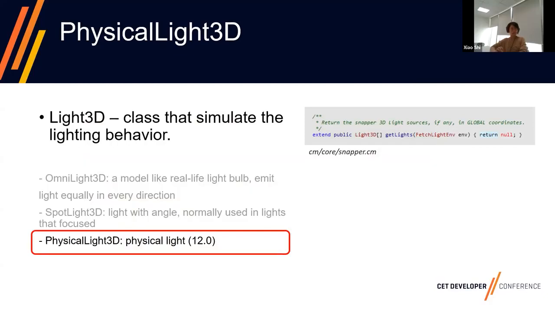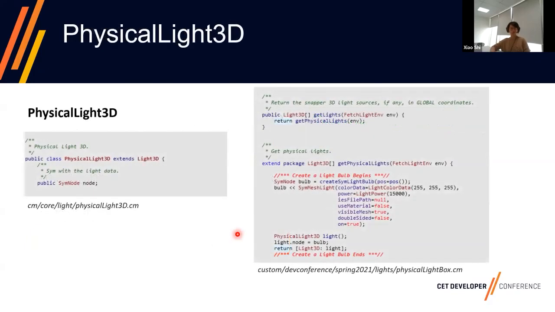So about physical light 3D, remember that earlier, before, we talked about different light 3D types, and I didn't mention this one, and now I will. This physical light 3D also extends from light 3D, but it has a node, which is a sim node.